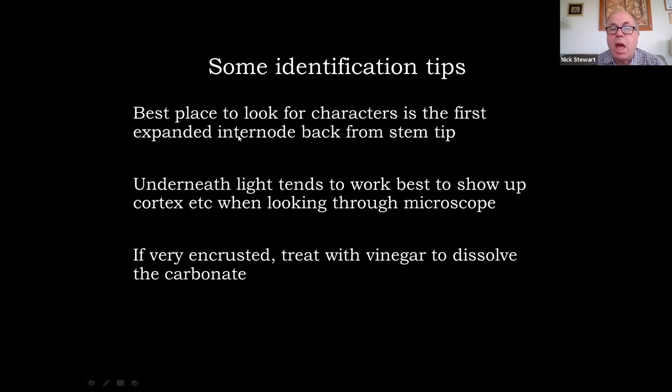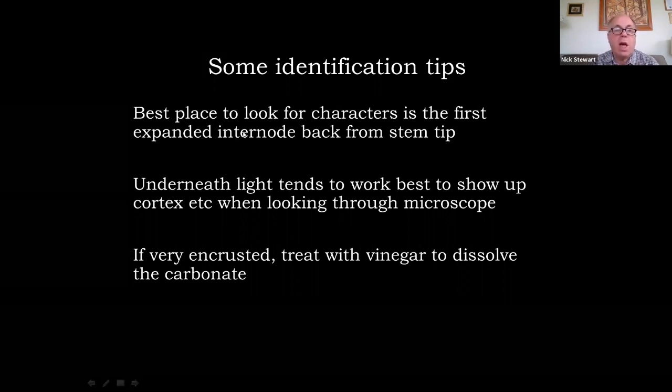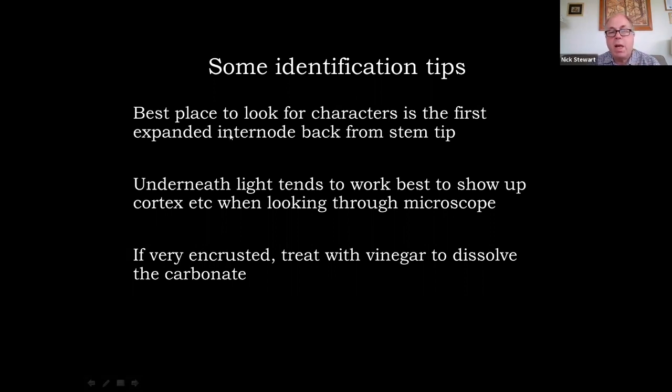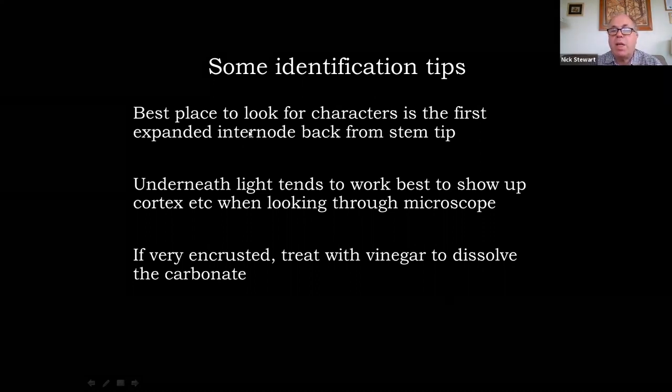The other thing is that I mentioned earlier about encrusting lime on the surface. That makes it much more difficult to see features of the stem. But that tends to be less at the freshly grown tips. So if you can find a nice green stem tip, that's what you want to look at.